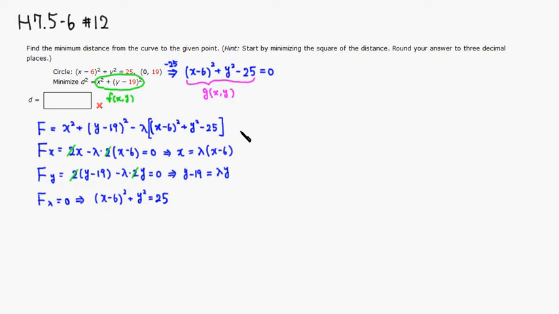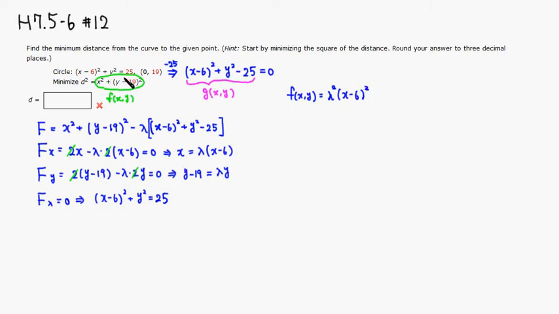Then let's look at the function f of x comma y closely here. We want to minimize f of x comma y, right? If you have x squared, x is the same thing as lambda times x minus 6, so x squared would be lambda squared times x minus 6 squared.